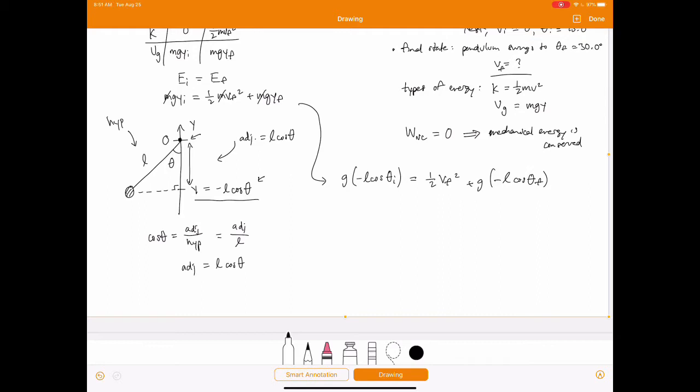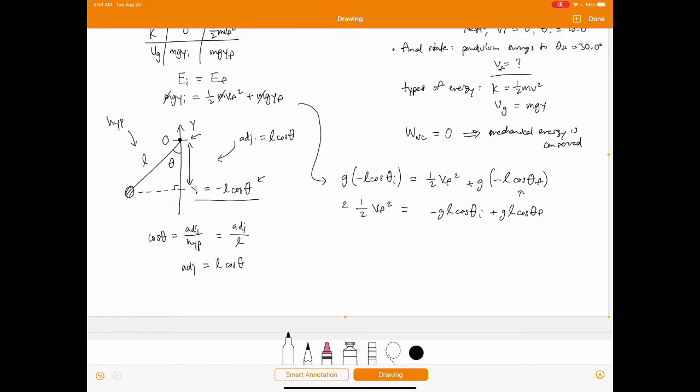Okay, so now we solve for v final. We have a half times v final squared. If I want to isolate that on one side, I'm going to have minus g L cosine theta initial. But if I add this term to both sides, I'm going to have plus g L cosine theta final.